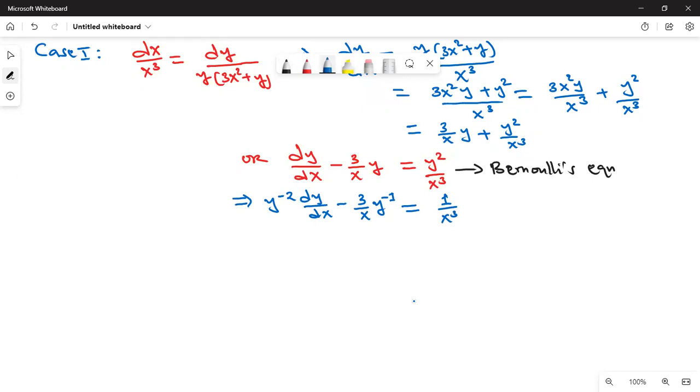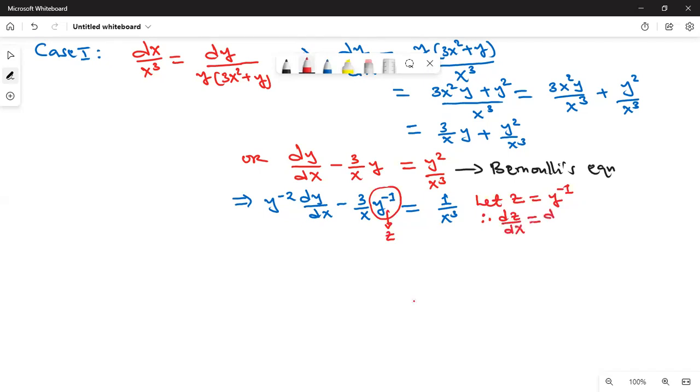Now, we are transforming this equation to a linear ODE. Remember, it is non-linear because of the y squared on the right-hand side. So this y raised to negative 1, I am going to say let it be z. So let z be equal to y raised to negative 1. When you use the chain rule, you'll find we need dz dx.